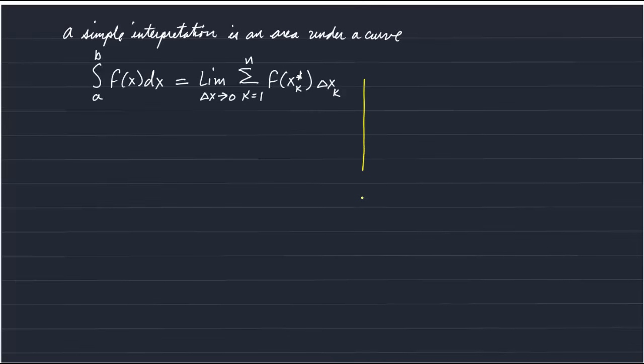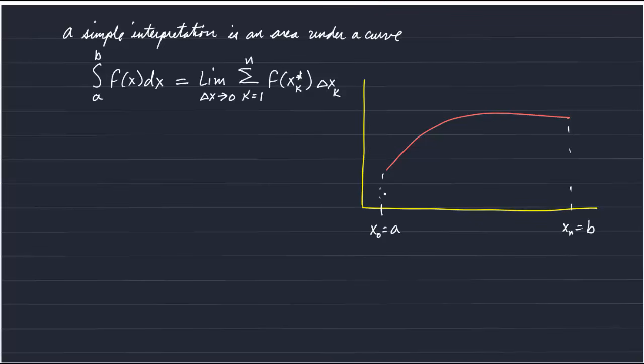So here, let's sketch an arbitrary curve. So here's our curve, whatever it may look like. And we'll define our point x0 being equal to a, and then our endpoint xn equaling b in our definite integral.